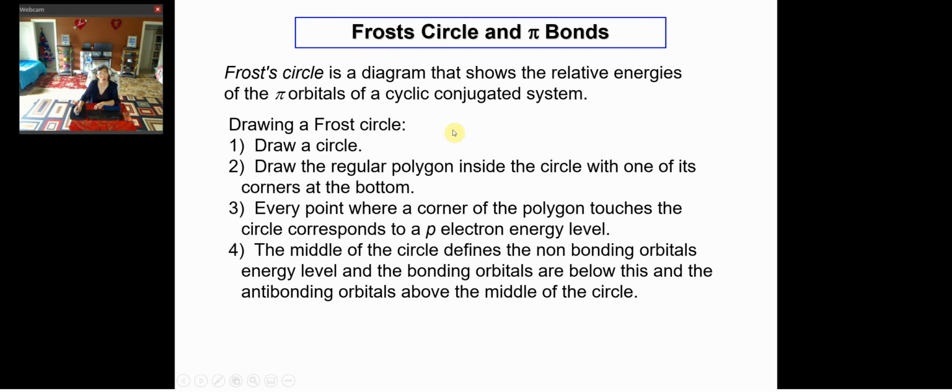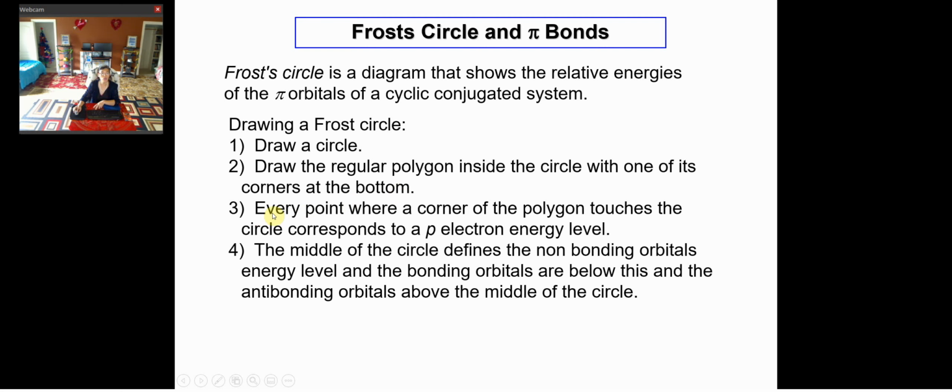When you draw the Frost circle, you need to follow 4 key steps. First step, you are going to draw a circle. Second step, you are going to draw a regular polygon inside the circle with one corner at the bottom.